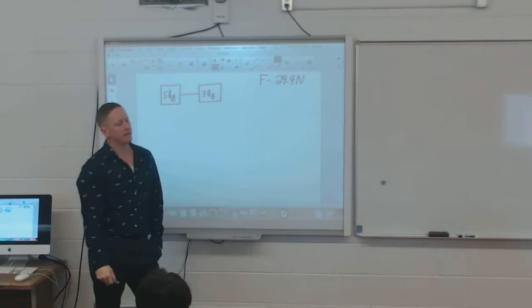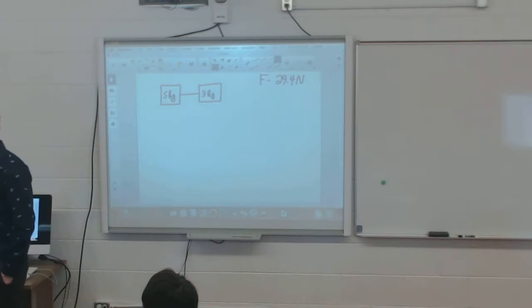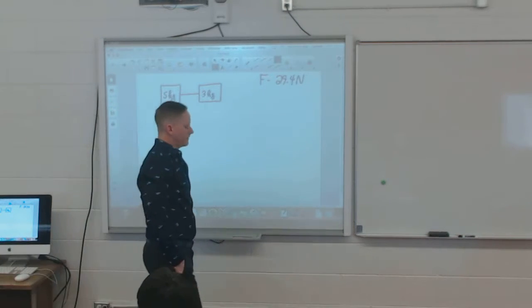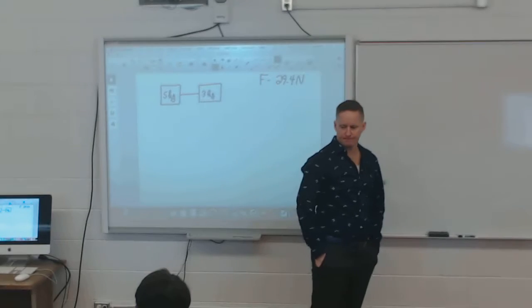I want you to find me the acceleration of the two objects. Go. It's not on the page. Find me the acceleration of the two objects. The force pulled is the 3 kilogram object.